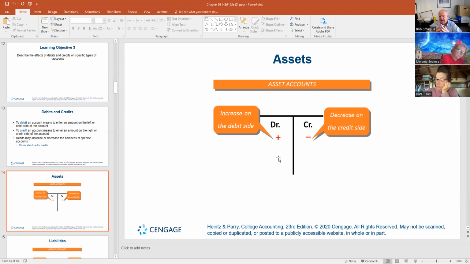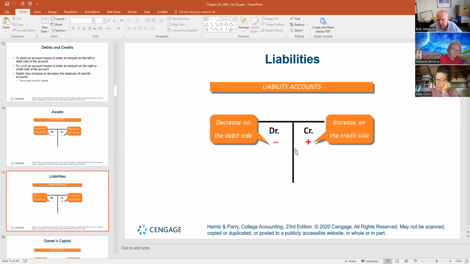Assets increase on the debit side. Assets have a debit balance. If assets have a normal debit balance, and our equation is assets equal liabilities plus equity, then the liabilities and equity would be the opposite. Liabilities will increase on the credit side. So all your payables increase on the credit side.